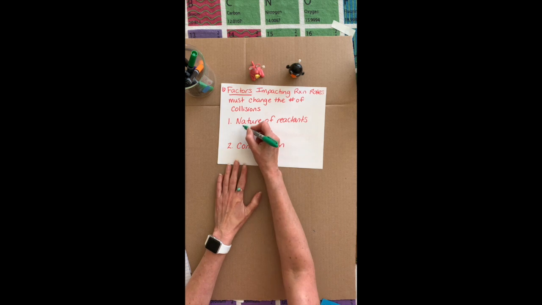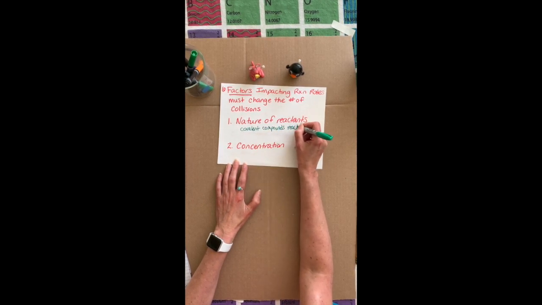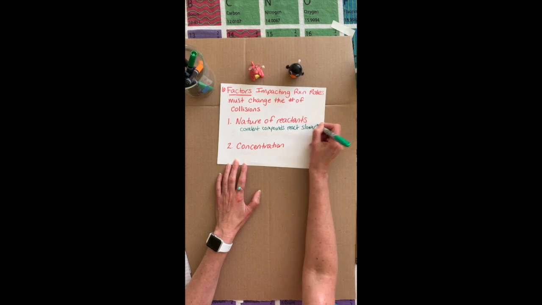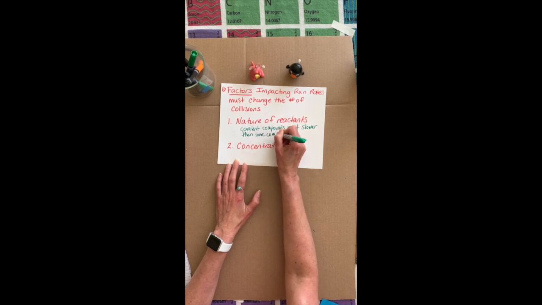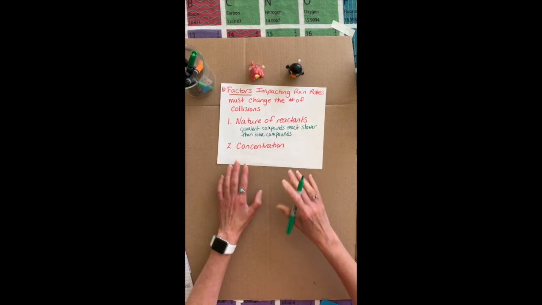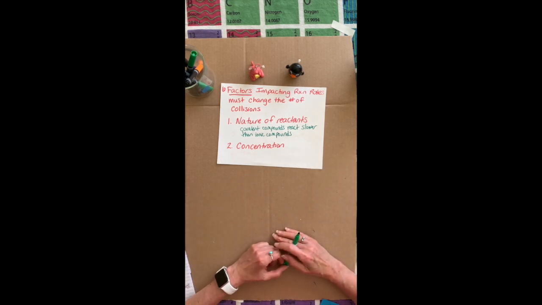Generally speaking, covalent compounds react slower than ionic compounds. And that is because covalent compounds tend to be much larger, or can be much larger than ionic compounds, and therefore there are more bonds that need to be broken and reformed, and so that would impact the rate of reaction.